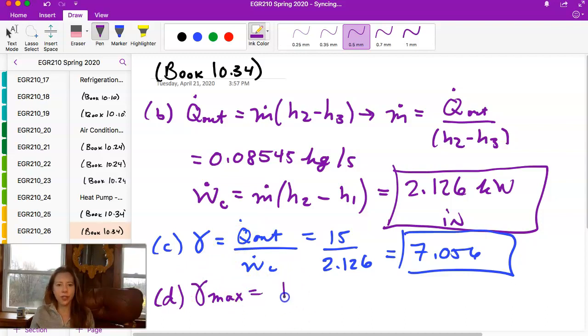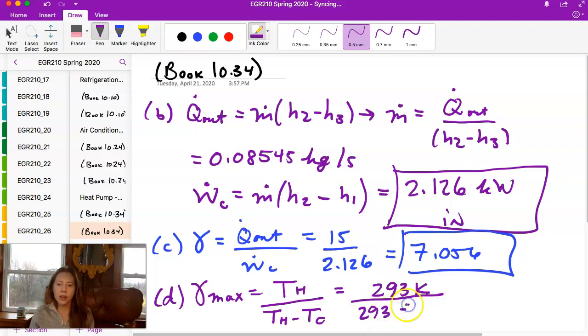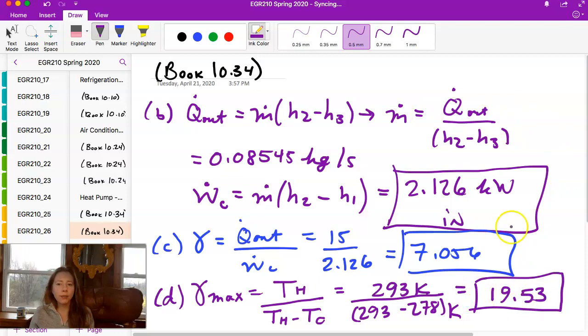It's going to be equal to TH divided by TH minus TC, and we can use this temperature relation because we're looking for the gamma max for a Carnot cycle, and so if we convert to absolutes, that would be 293 Kelvin divided by 293 minus 278, which is going to give us a coefficient of performance of 19.53. And then we can go ahead and make some comparisons.